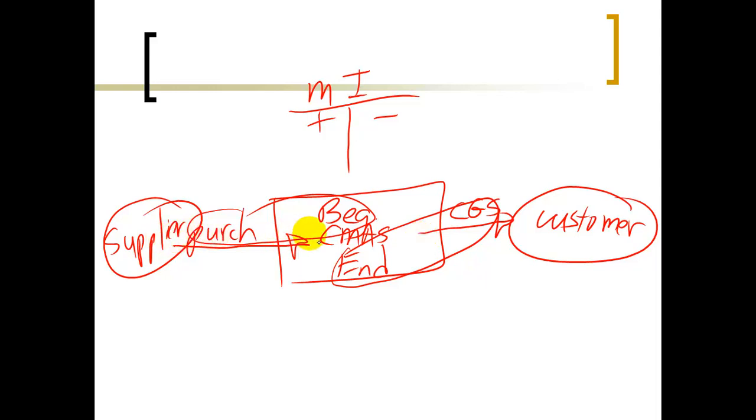So when you buy merchandise, remember you're going to increase the merchandise inventory. Let me call this number 1, debit merchandise inventory when you buy. So we know in double entry accounting, for every dollar debit, you have to credit another account for the same dollar amount. So what do you think I'm crediting here? Well, if I paid cash for this merchandise I'm buying, this will be crediting cash, an asset, reducing.